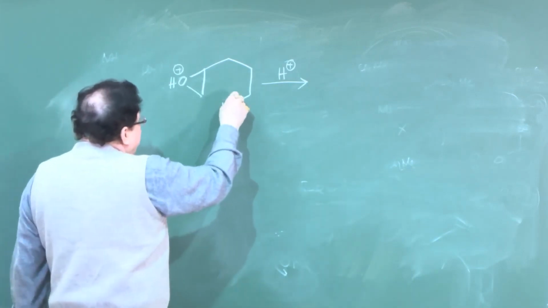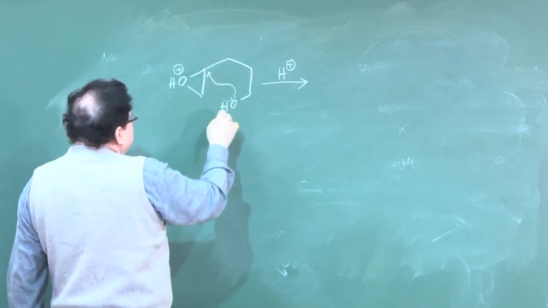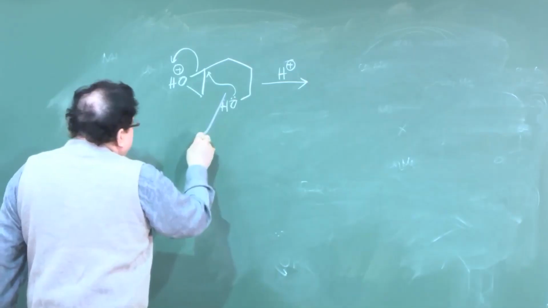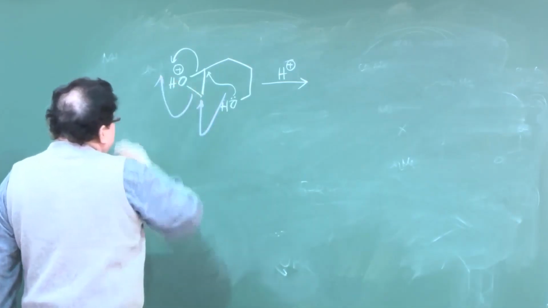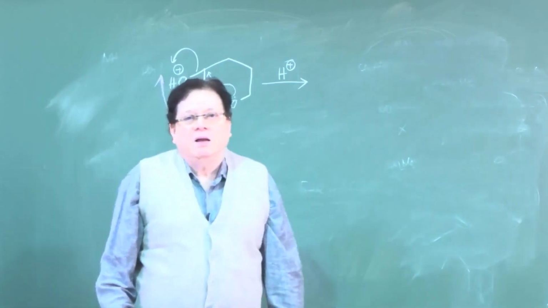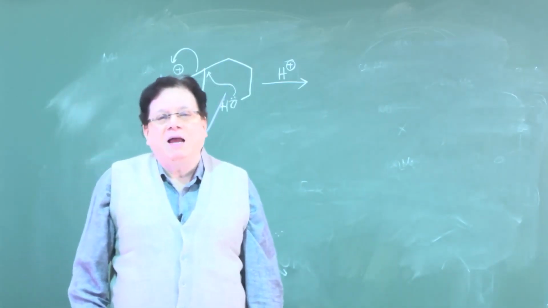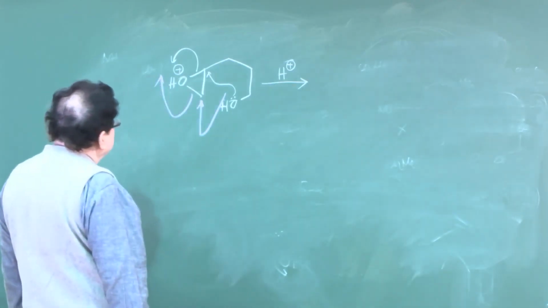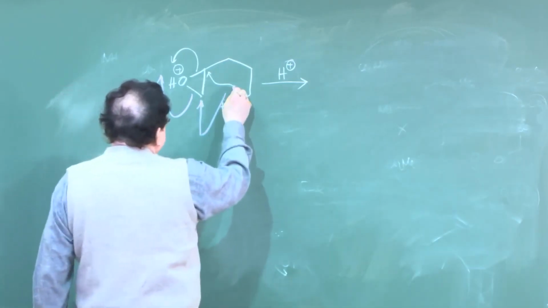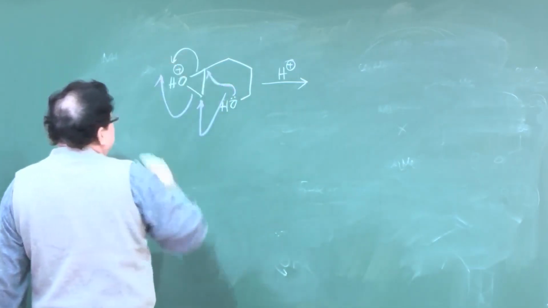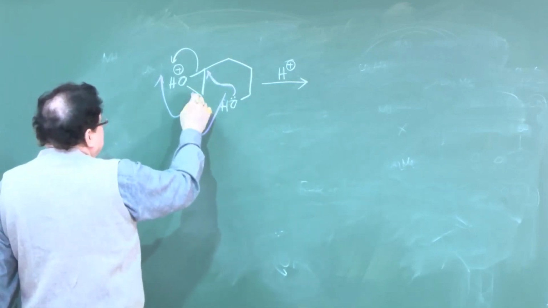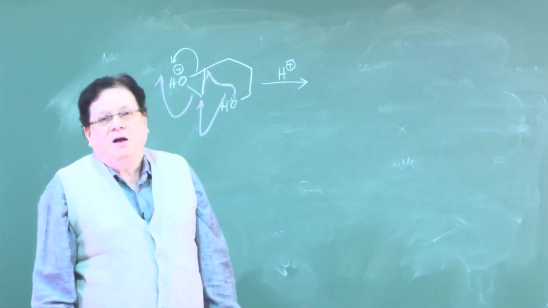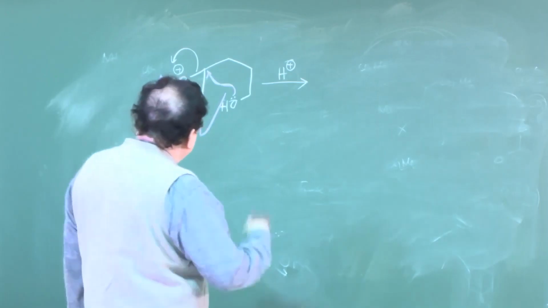Now, this oxygen has two options, either it can attack here, so that bond will be broken, or it can attack here, then this will be broken. Here the problem is how to define the exo and endo of this type of mechanistic aspect, because in both cases, when it attacks this carbon, the electron is flowing outside the ring, and when it attacks this carbon, again the electron is flowing outside the ring. So, are both exo processes, or one exo and one endo? How to define that?